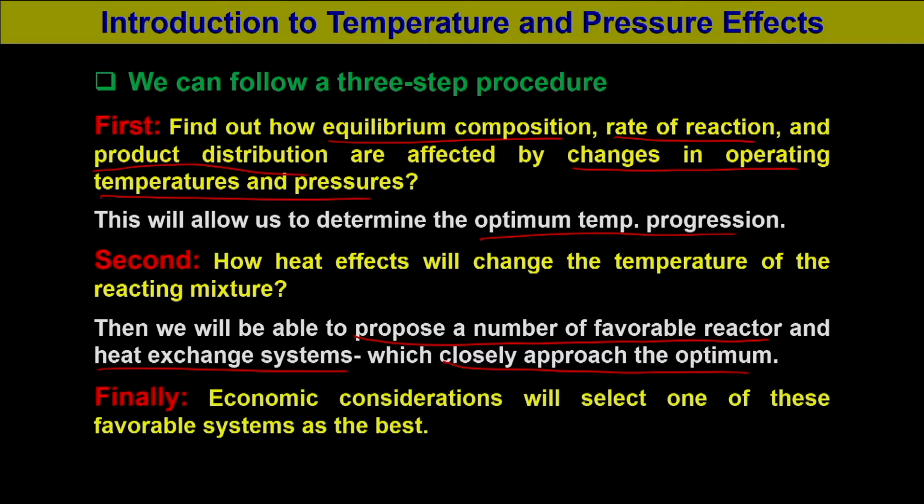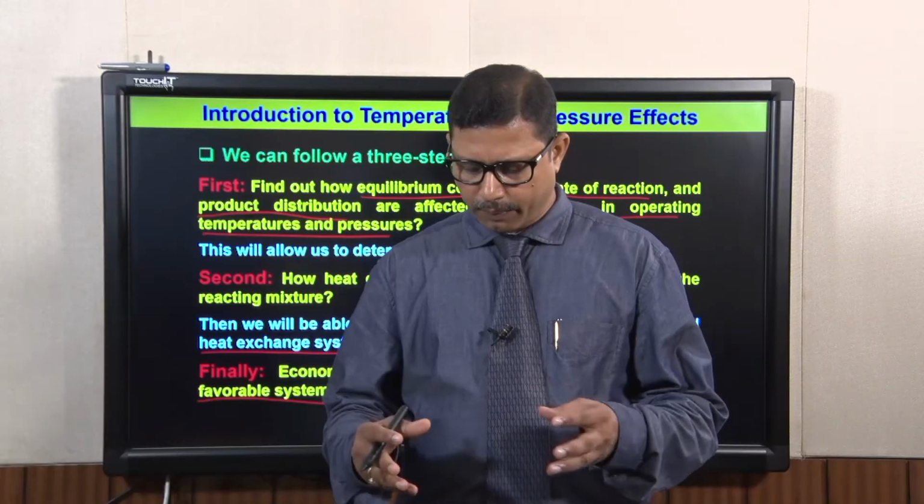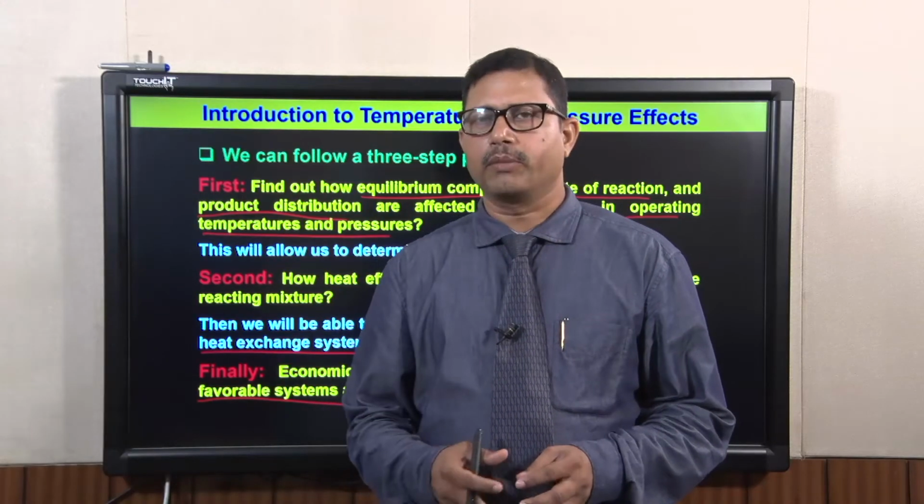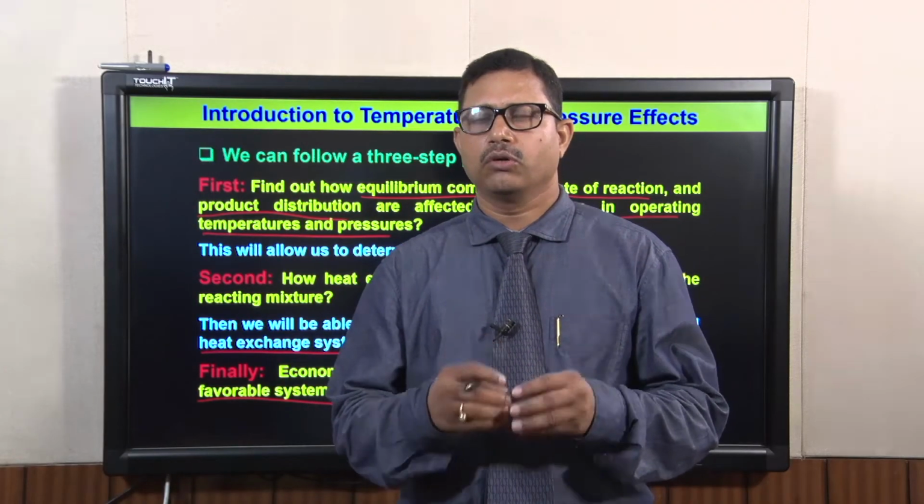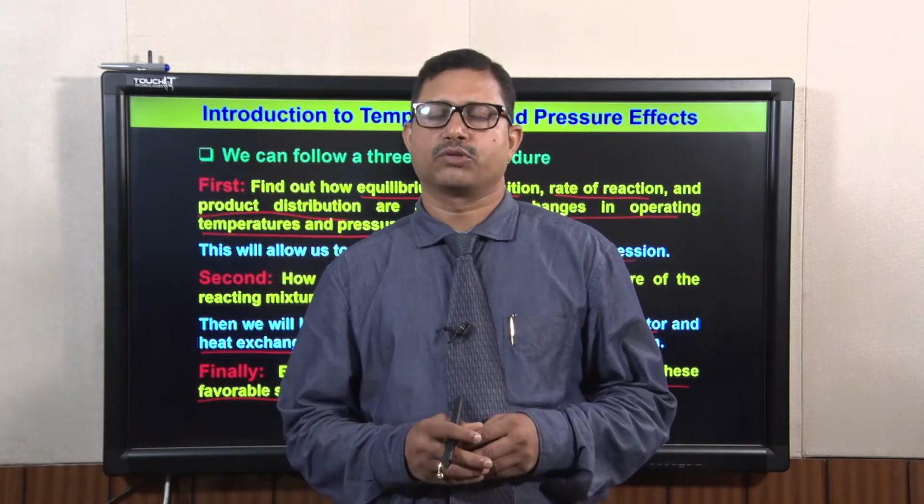And finally, economic consideration will select one of these favorable systems as the best. So, from the multiple favorable conditions or reactor systems that we propose, finally the economic consideration will choose one of them as the best one.